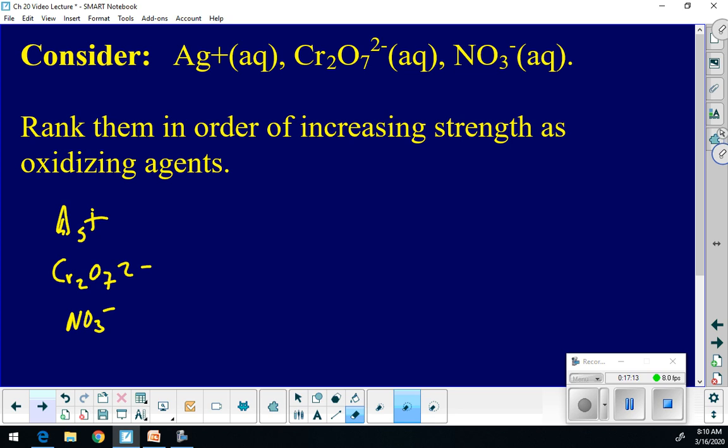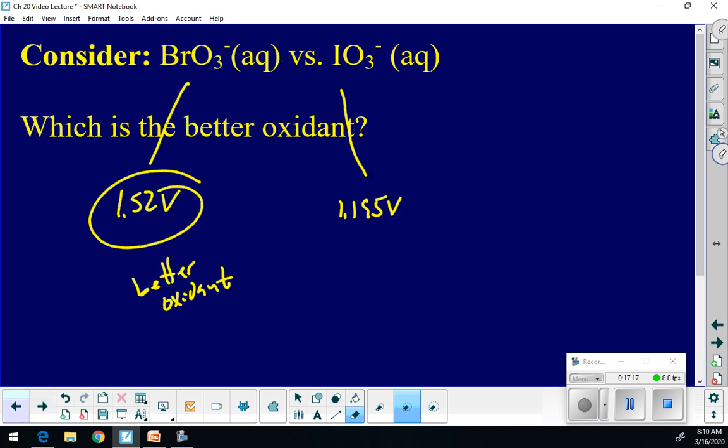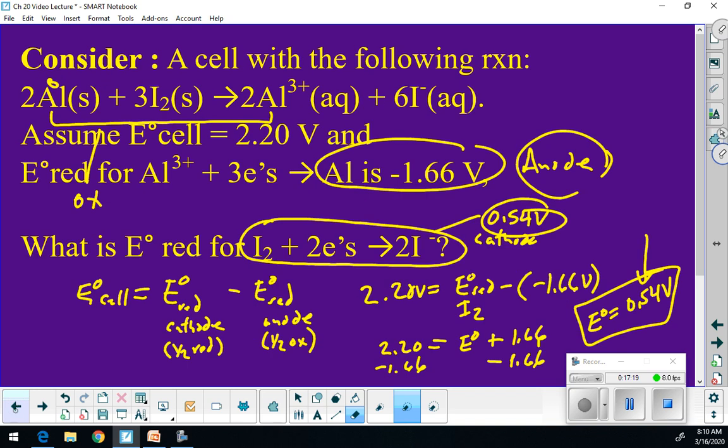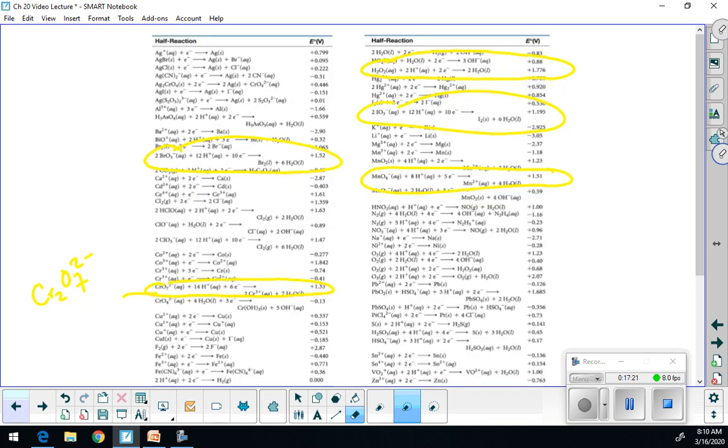All right, here we go. Silver. Where's silver? Ag plus. So, oh, by the way, here's dichromate already. So dichromate is 1.33, right?